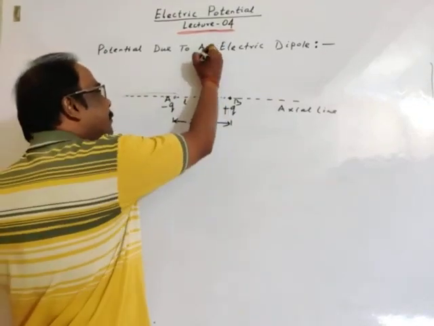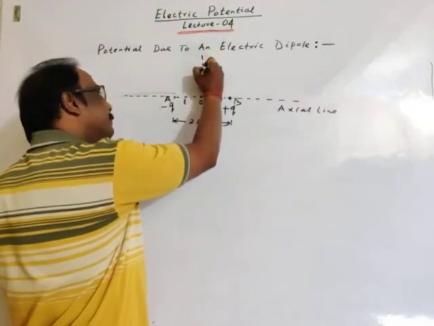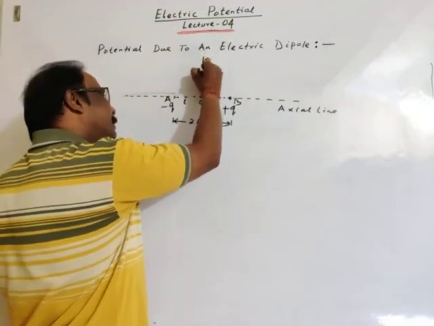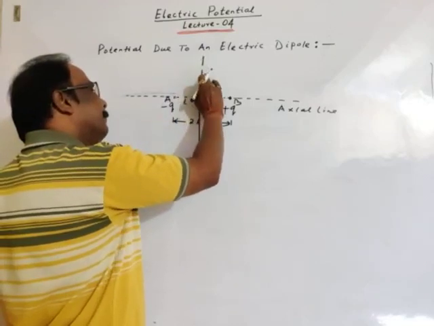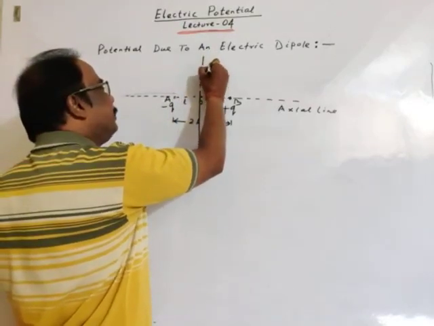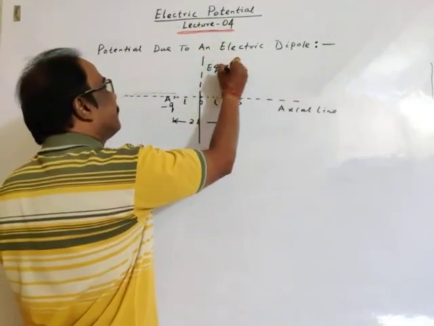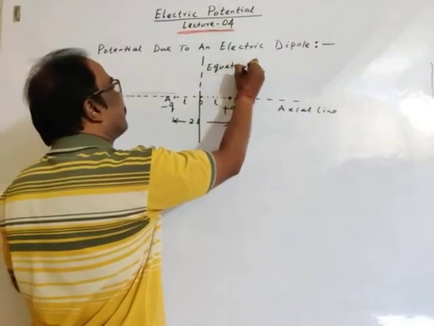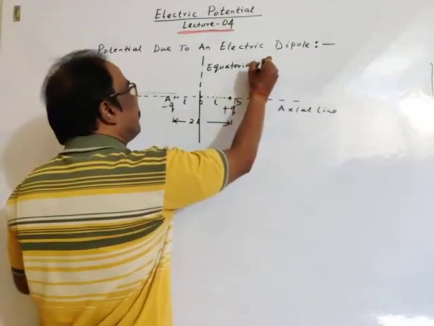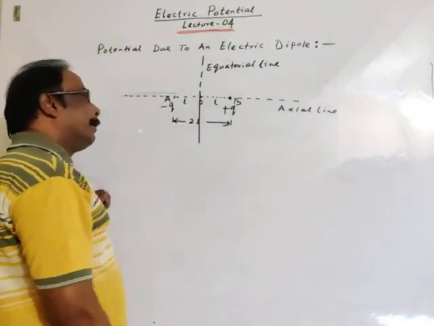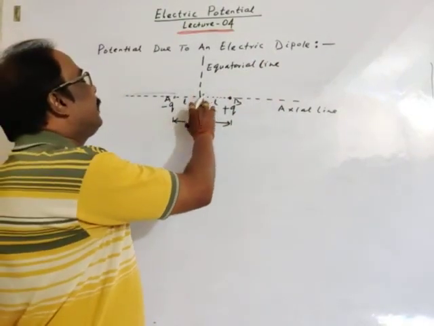This is the perpendicular bisector, and this line is the equatorial line.